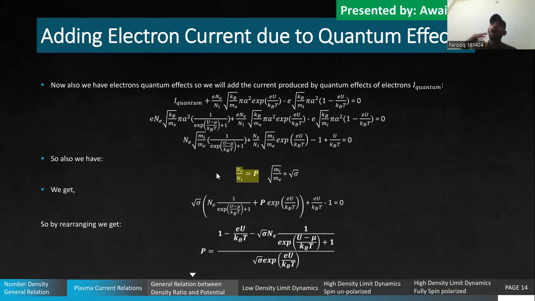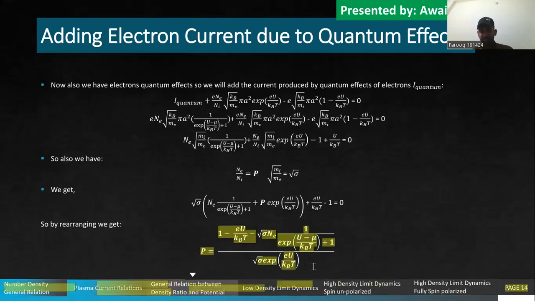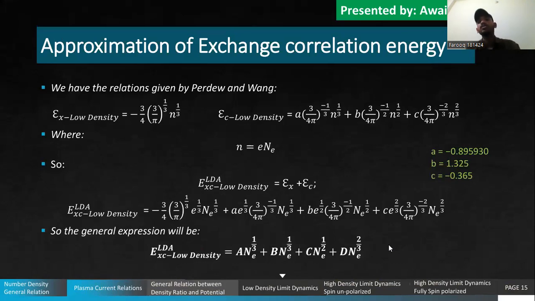It will represent the increase in the number density of electrons, because we have the electron in the numerator. So we get this equation, and after getting it, we rearrange and get the final relation, which is represented here. Now, we are going to approximate the exchange correlation energy for low density dynamics.